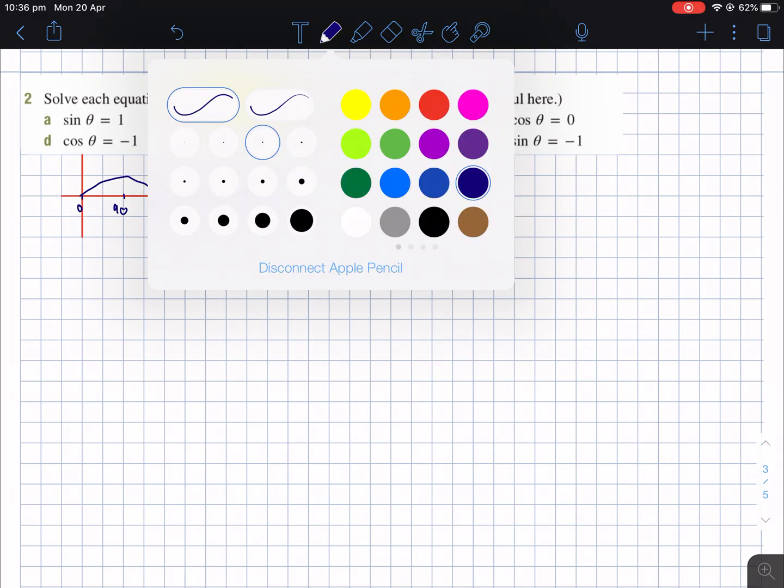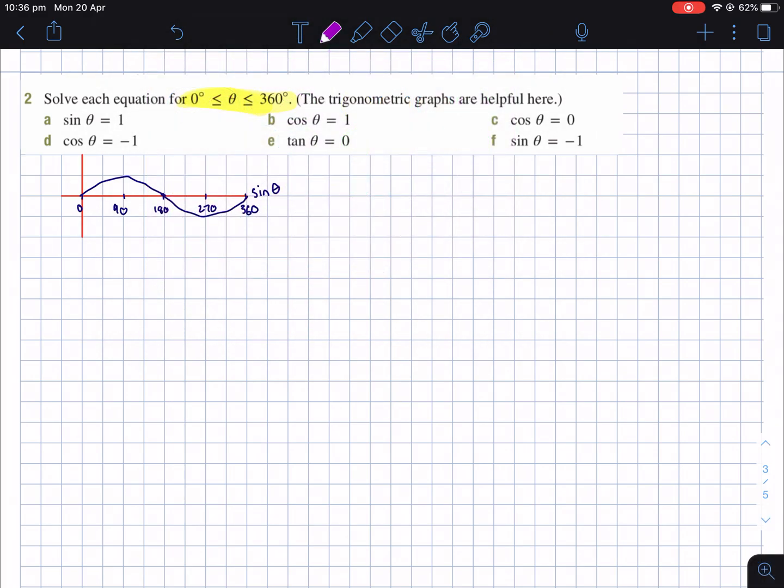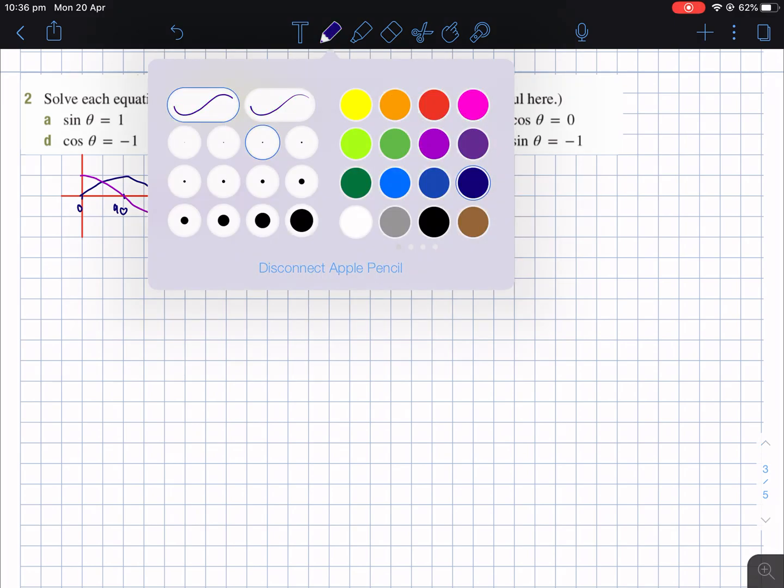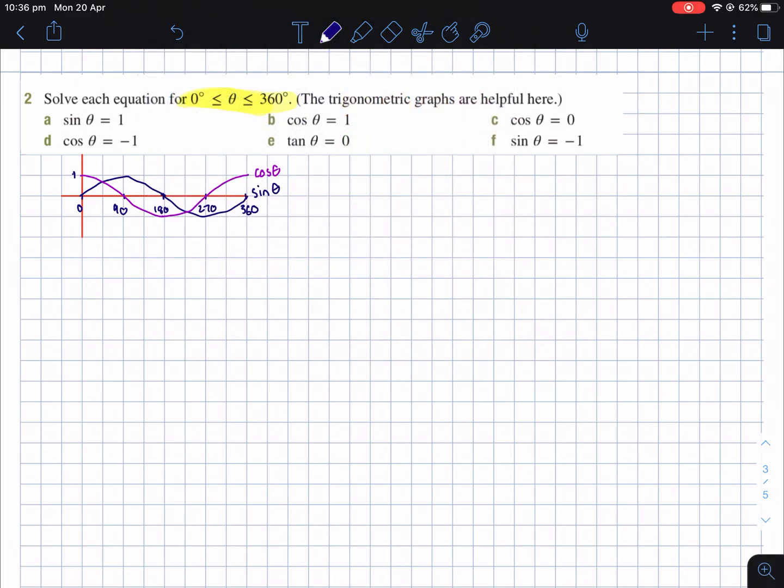If I want to draw cos theta, it's kind of like that. It's sine theta, but it's been moved across a bit. And these values were 1 and -1.